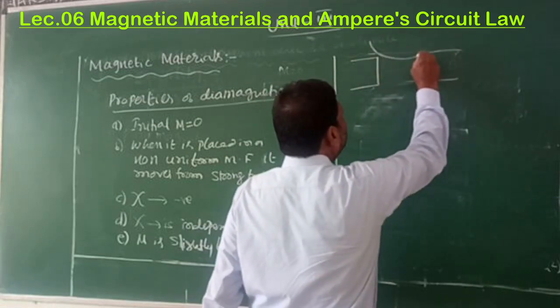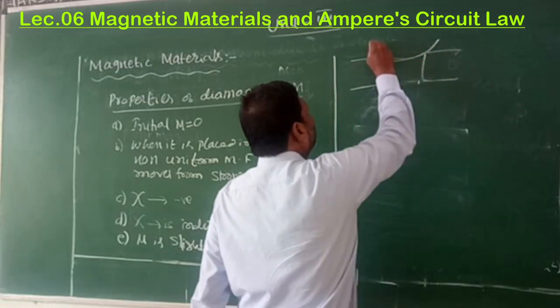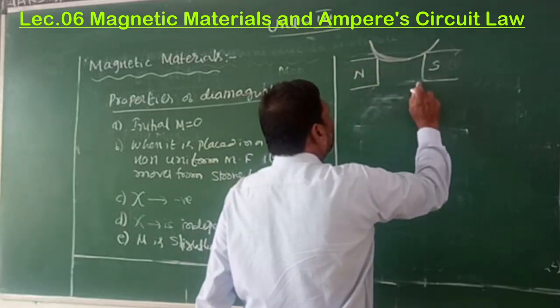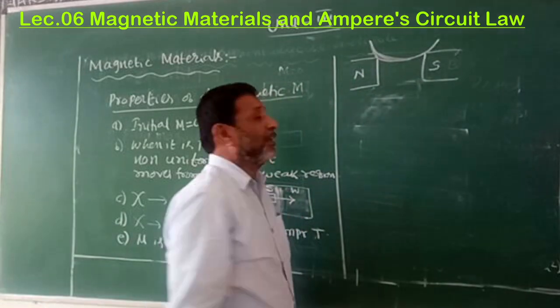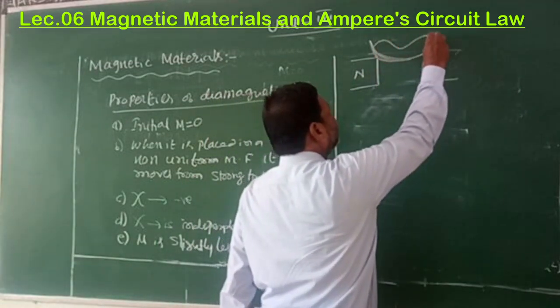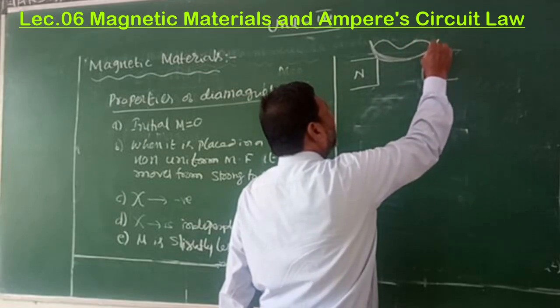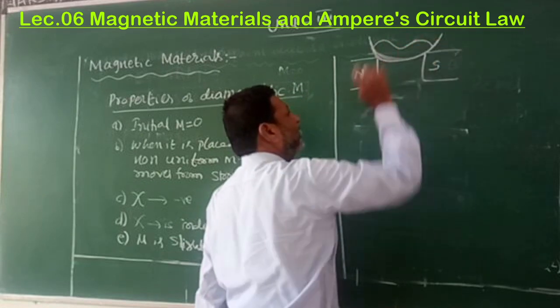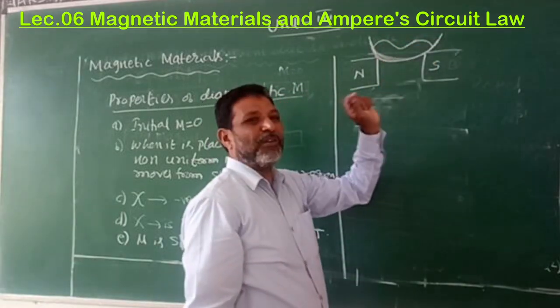When a watch glass containing liquid diamagnetic material is placed between the two magnetic poles, like this, then the liquid depresses at the center, like this. The liquid depresses at the center where the field is strong.